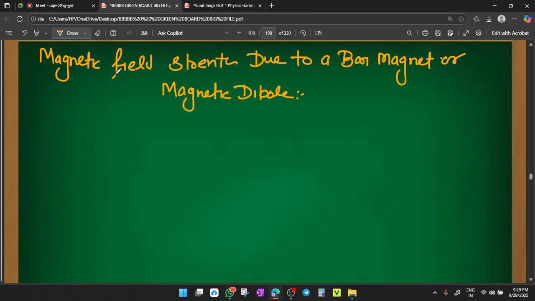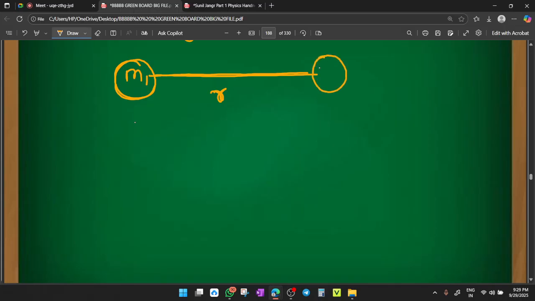You have just seen that if there is a pole M1, the first pole, and up to some distance R, suppose this is the distance R, there is another test pole, that is M naught.